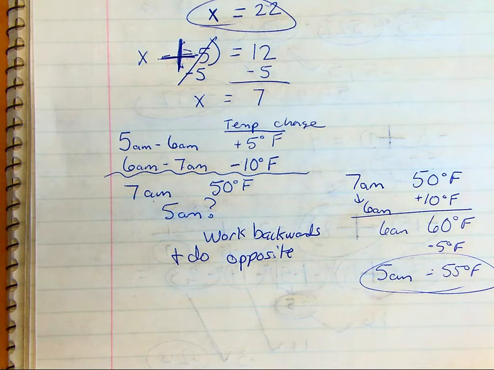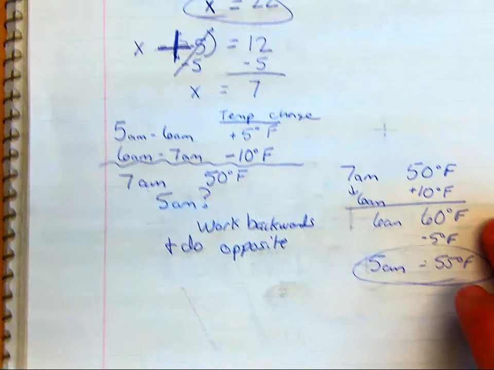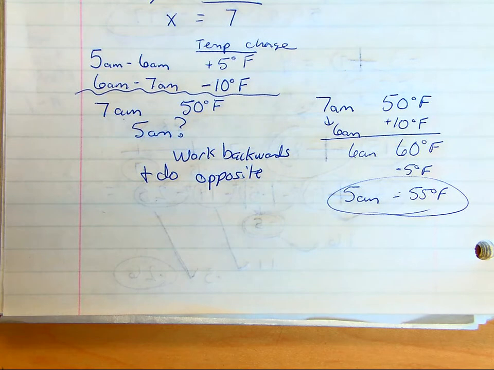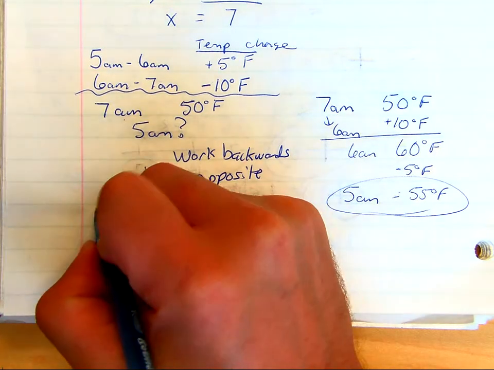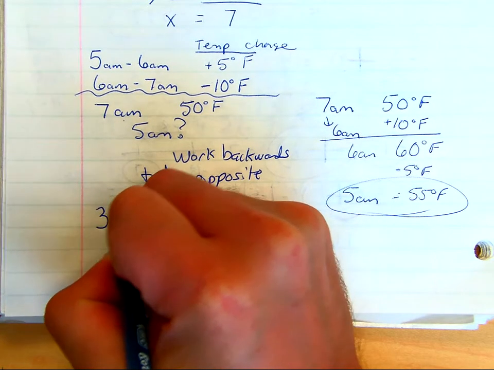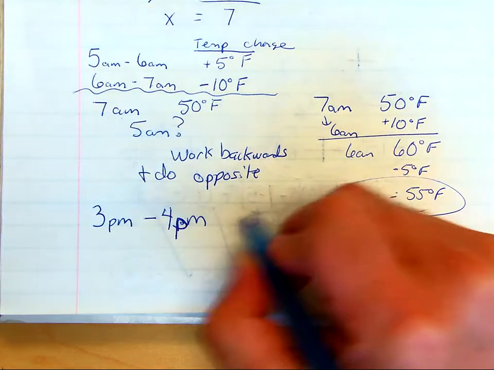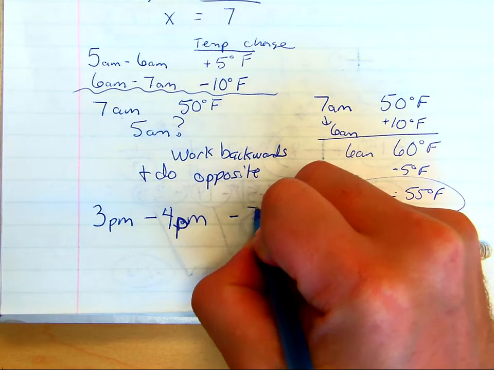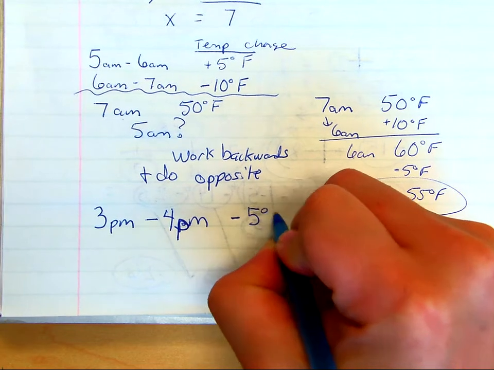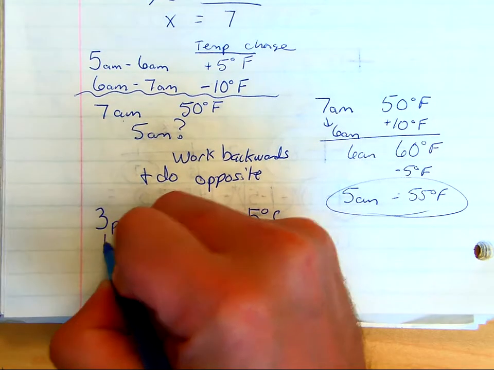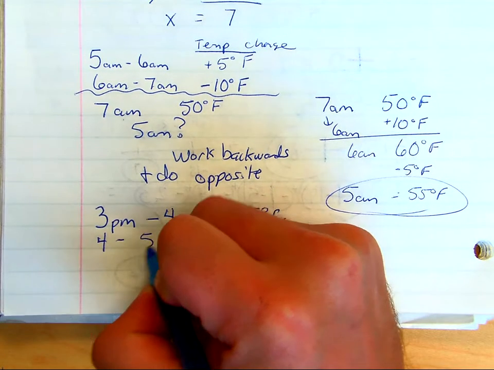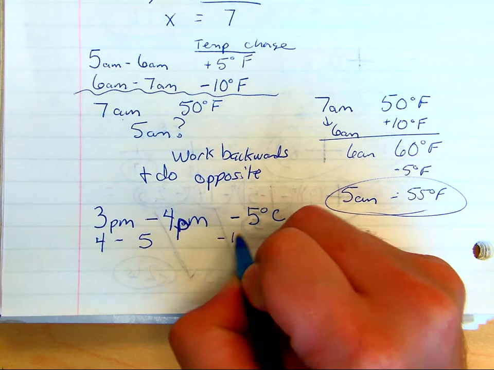I'll do one more like this and then we'll call it good, okay? So let's say at 3 p.m. to 4 p.m. we went down 5 degrees Celsius, and from 4 to 5, it went down 15 degrees Celsius.